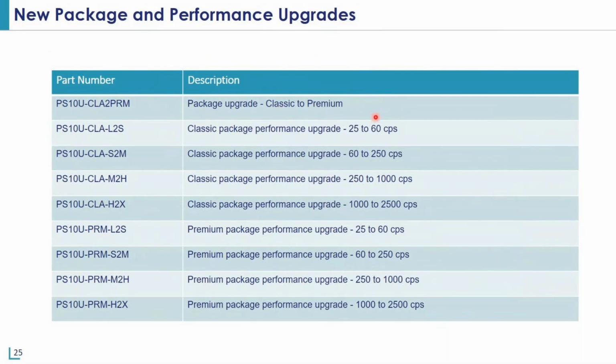And if you want to upgrade the performance level, you have to go from one step to another. If you are on 25, then from 25 you have to go to 60, then 60 to 250, 250 to 1000 and so on. So it is a gradual process upgrading your performance level. You cannot directly go from 25 to 2500. You have to go step by step.